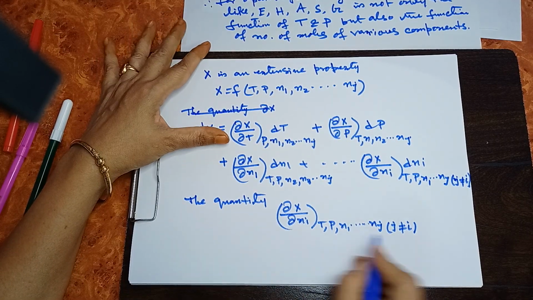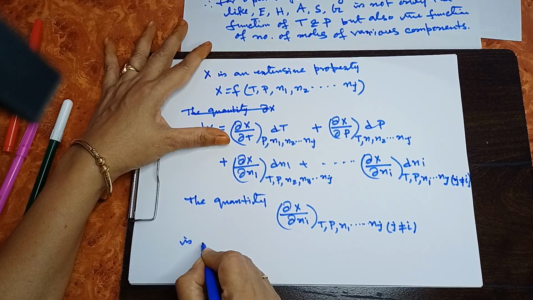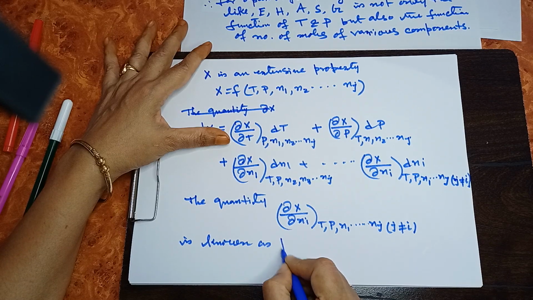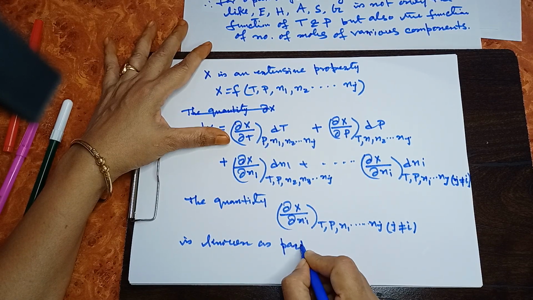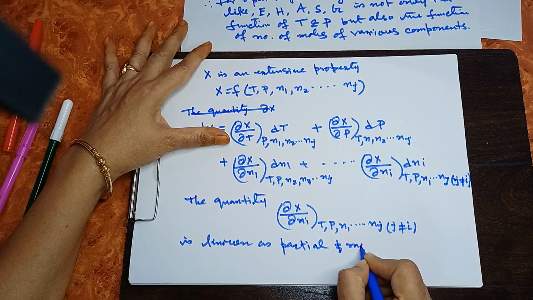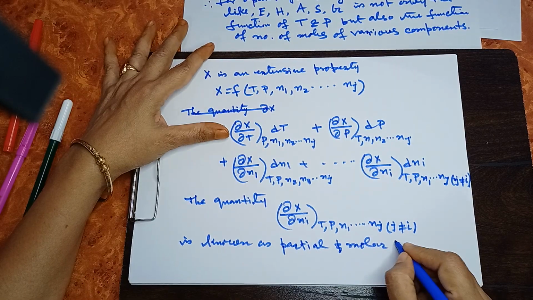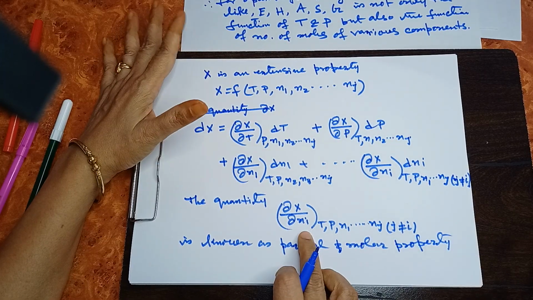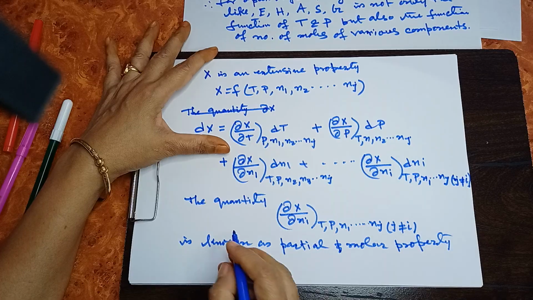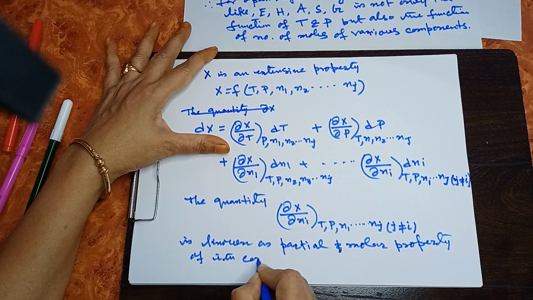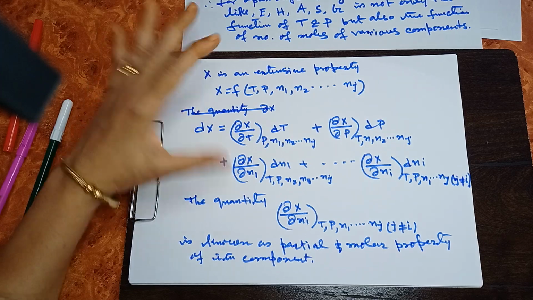This quantity is known as the partial molar property. Here I have taken it in terms of the ith component, so the partial molar property of the ith component. Then how can I define this?